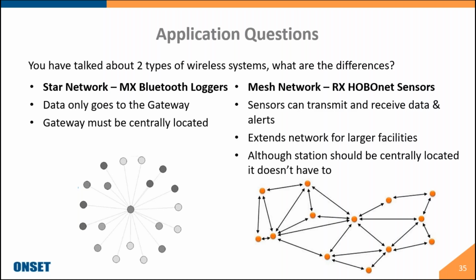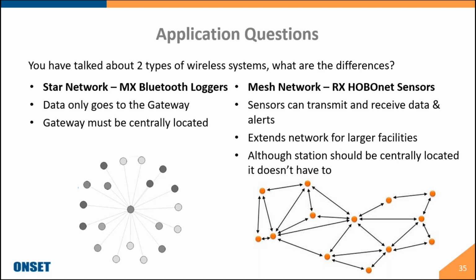Whereas our HOBOnet wireless sensors use what we call a self-healing mesh network. Here in the US, they actually operate on the 900 megahertz radio band. And with it being a self-healing mesh network, what that means is, if you have a sensor that's out of range or out of sight from the RX unit, it can actually pass its signal through other sensors in line, making up to 5 hops to get that signal back to the RX unit.